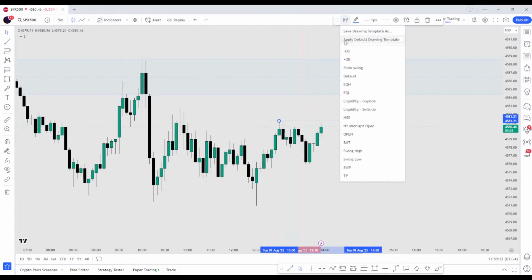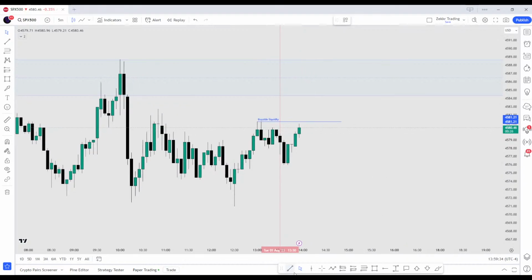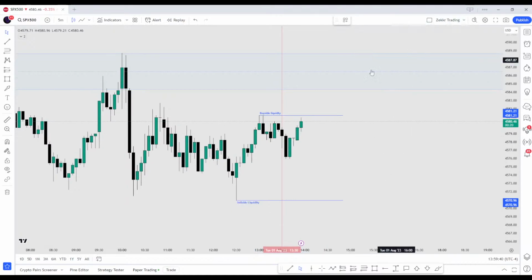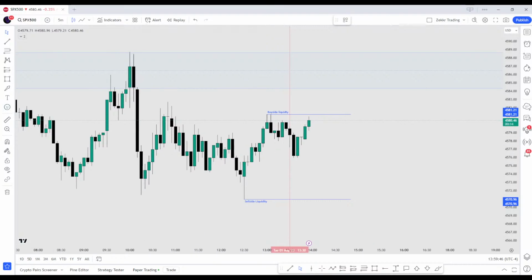But of course, if you choose the mitigation block, then you can study it. To be honest, I'm not the best one you should learn mitigation blocks from. I know a lot about fair value gaps. I study fair value gaps. It's my entry pattern, and I know order blocks and breaker blocks. But to be honest, I don't really know mitigation block and rejection block.